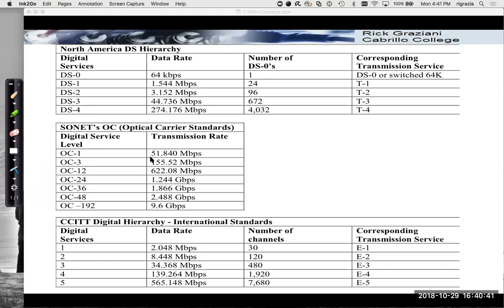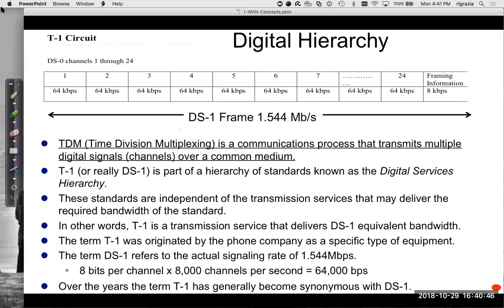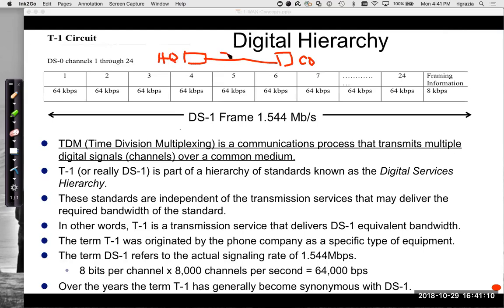It really comes from being able to send a single 64 kilobits per second channel for a voice call. Let me back up here because it is kind of interesting. A lot of times your telecom provider would bring a T1 circuit from the central office to your company, or say headquarters, and then you would pay for how many of these DS0 channels you want.